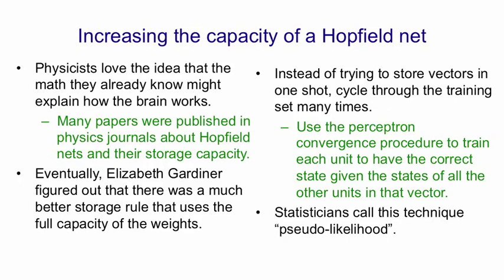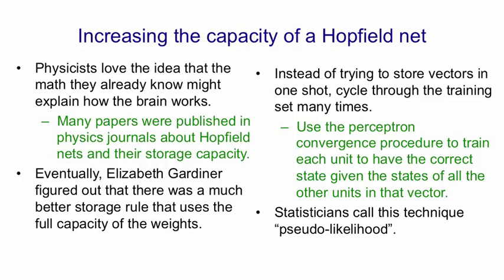This technique has also been developed in another field, statistics, and statisticians call the technique pseudo-likelihood. The idea is to get one thing right given all the other things, and so with high-dimensional data, if you want to build a model of it, you build a model that tries to get the value on one dimension right given the values on all the other dimensions.